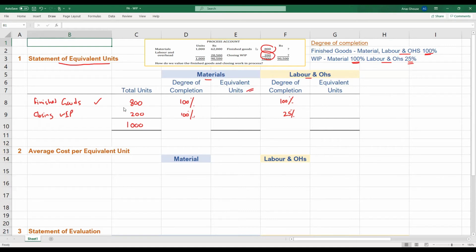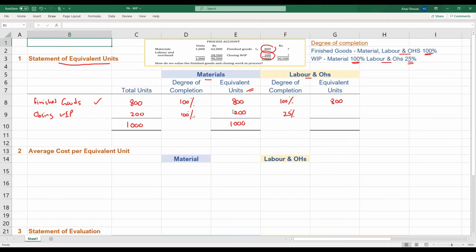If you take finished goods 800 times 100, it will be 800. 200 times 100, it will be 200. So therefore, your total equivalent units with regard to materials will be 1000. And the labor and overheads with regard to the finished goods, which is 100% complete, 800.